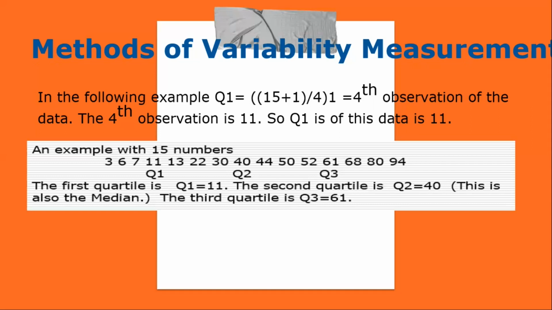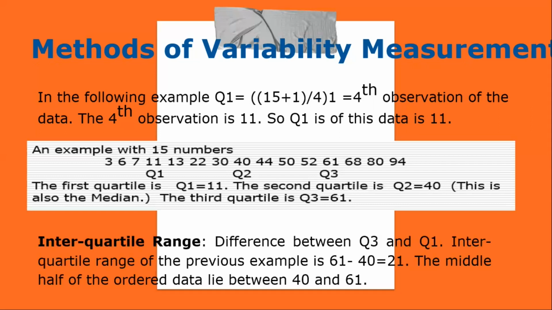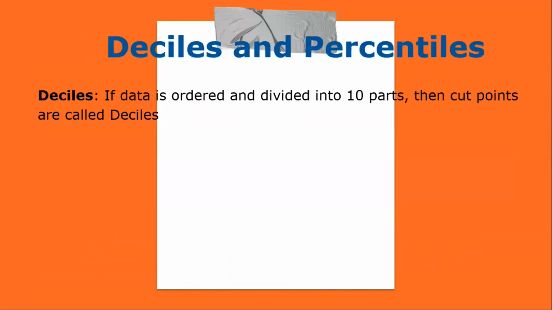Interquartile range: the difference between Q3 and Q1. The interquartile range of the previous example is 61 minus 40 equals 21. The middle half of the ordered data lie between 40 and 61. Deciles and percentiles. Deciles: if data is ordered and divided into 10 parts, then cut points are called deciles.